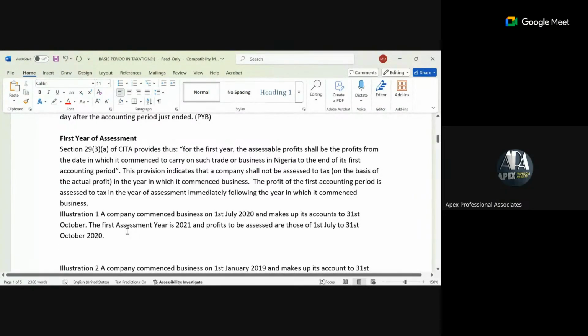So the company's business commenced operation. Let me copy this and paste it on another Word document.